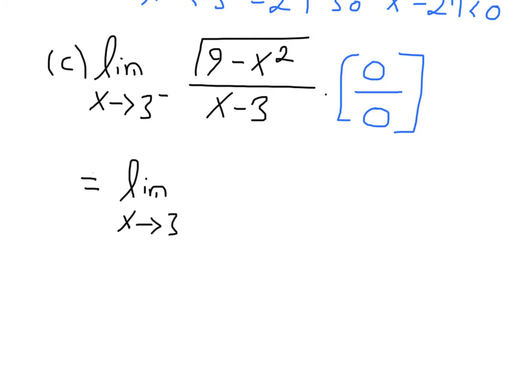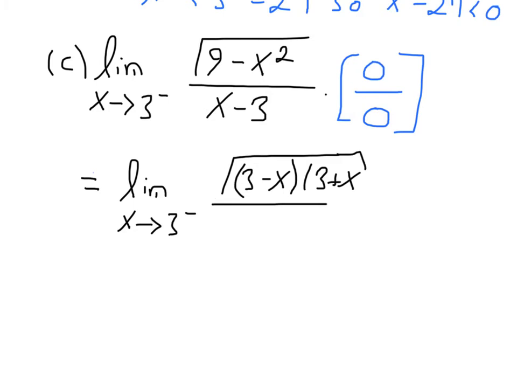If we write this as the square root of 3 minus x, and we factor that numerator as 3 minus x times 3 plus x, all beneath the square root sign, and this over x minus 3.